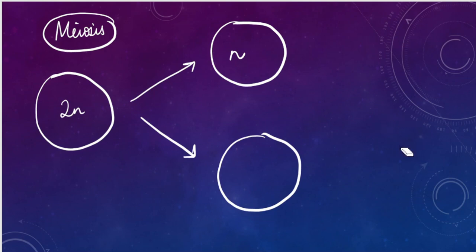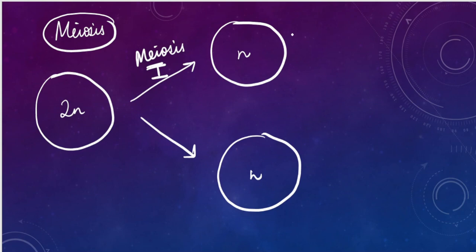So this half the number of chromosomes is haploid. So in the very first division, meiosis 1, we get the haploid number of chromosomes. This is known as meiosis 1.